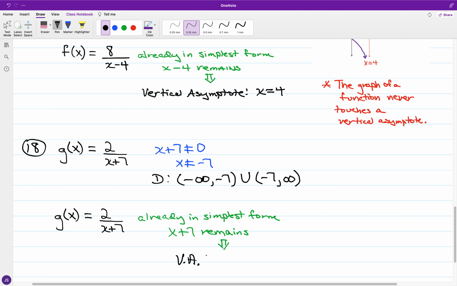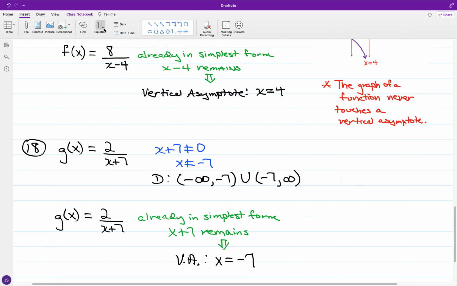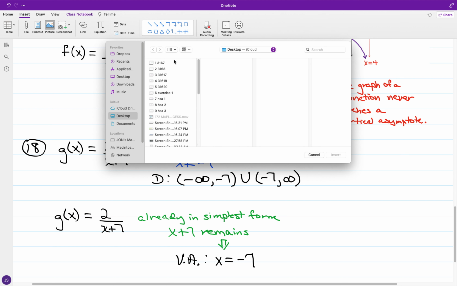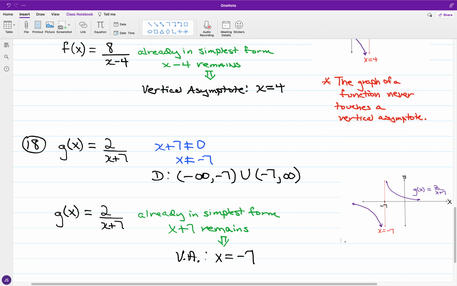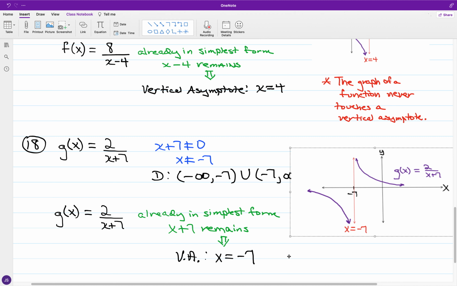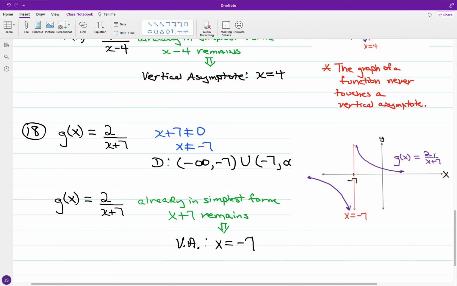It's going to be x equal to negative 7. So in the case of g of x, which is 2 over x plus 7, we have separate regions here, and again, they are split up by the vertical asymptote at x equal to negative 7.